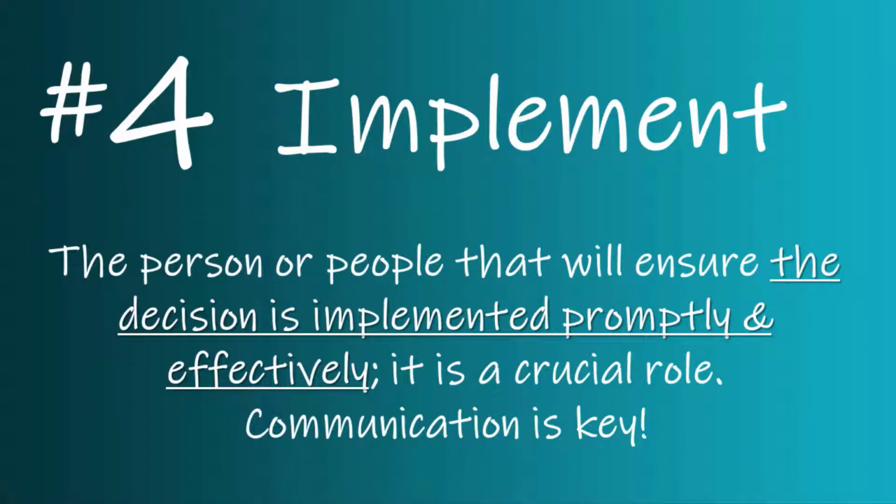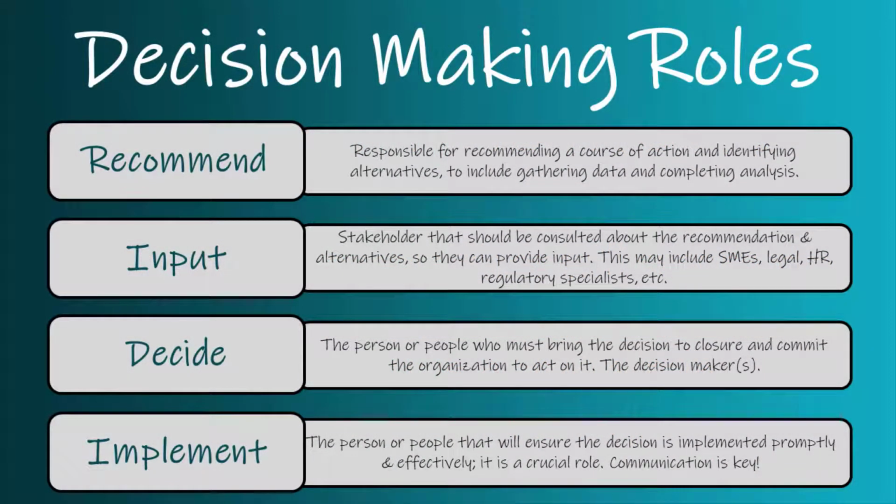So really ensuring that it's prompt and effective in regards to implementing the decision. Communication. Maybe it really is just communicating out information after the decision is made. That's possible as well.